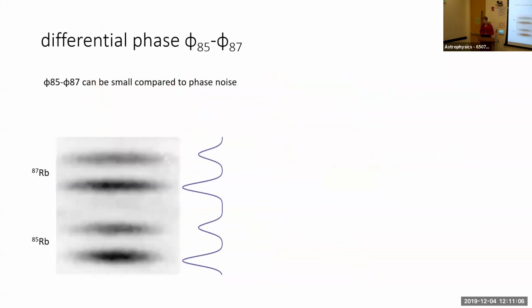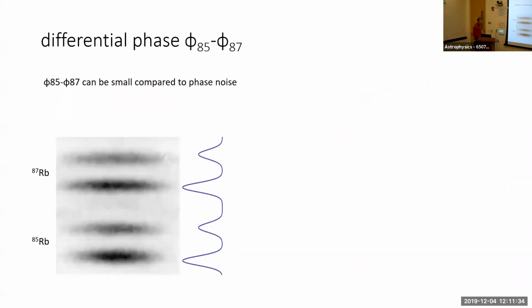Okay. Let's take a look at what we want to measure. So what we want to measure is the differential phase between the two interferometers, one for 85 and one for 87. Since we're looking for small things, and we are trying to be isolated from all known things, the phase shift between the two interferometers can be small, right? And we also want to be able to measure small phase shifts.